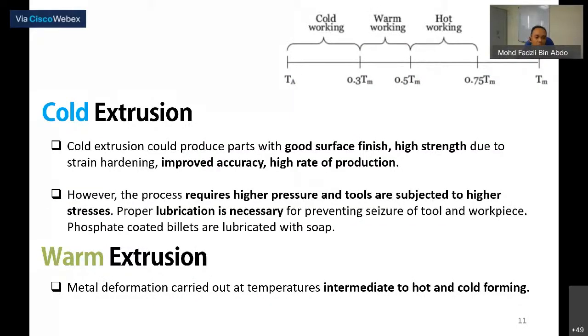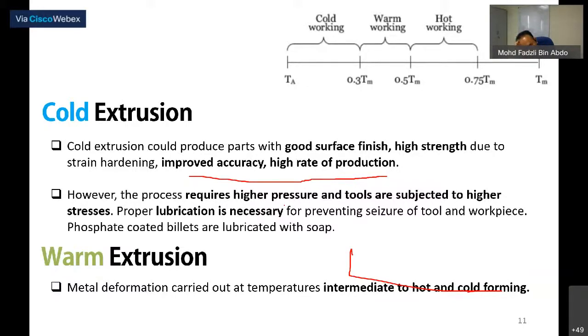Okay, untuk cold extrusion could produce part with good surface finish. Okay. High strength due to strain hardening, improve accuracy, high rate of the production. However, the process require higher pressure compared to the hot extrusion, and tools are subjected to higher stress. Maksudnya dia memerlukan force yang tinggi lah untuk cold extrusion tadi.